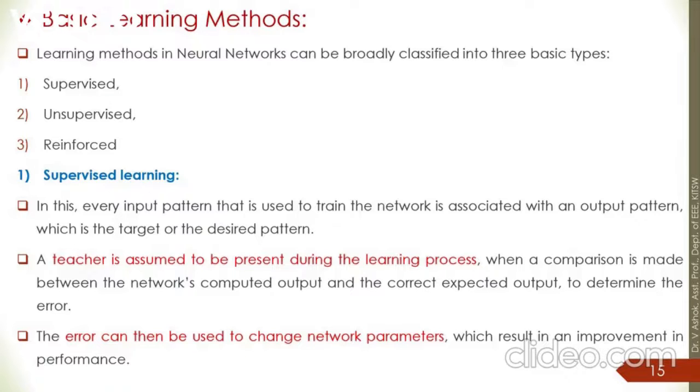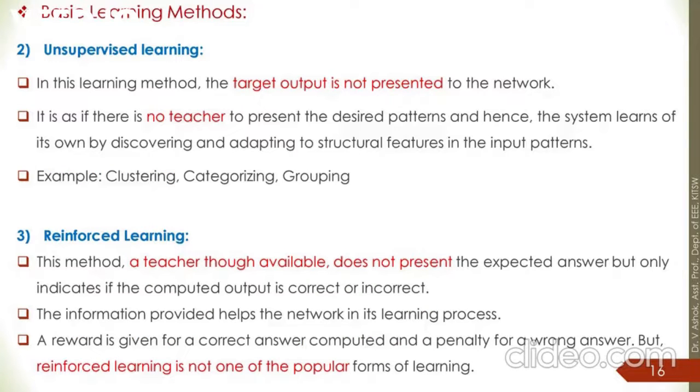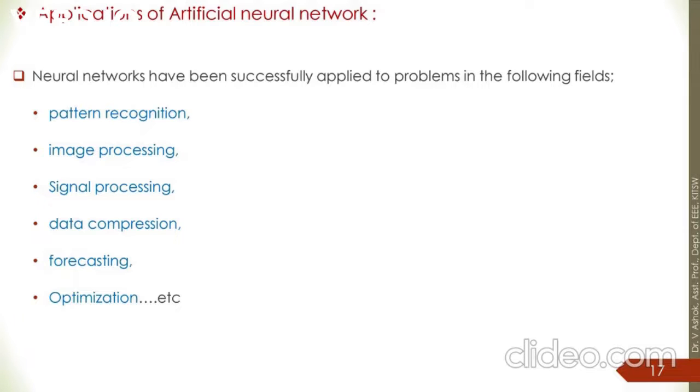In supervised, every input pattern to train the network is associated with an output pattern. Unsupervised means there is no teacher assigned for these patterns. The system learns on its own by discovering and adapting to structural features of input patterns.